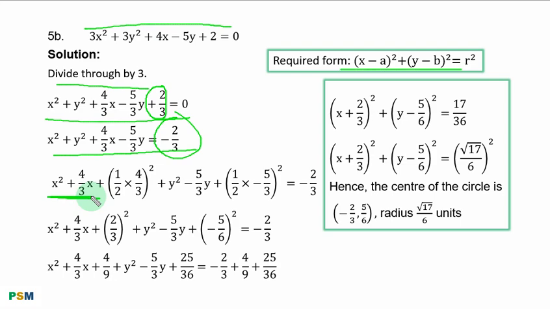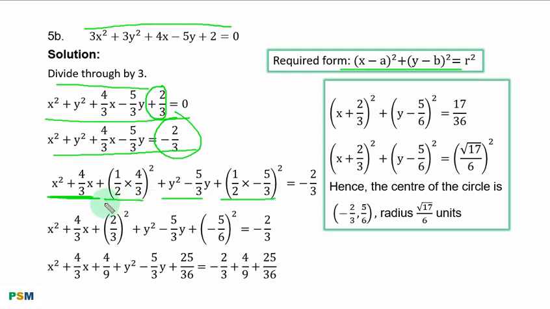To achieve that, the coefficient of x is 4/3, you take half of it and square it. The same thing you do to this term. You have this result that is added.